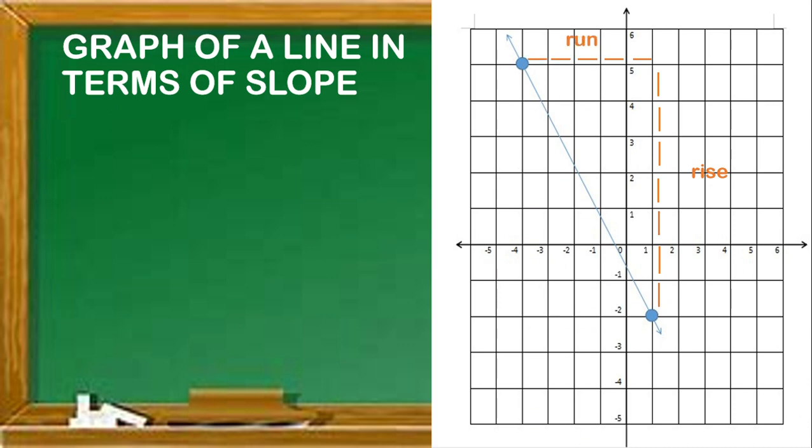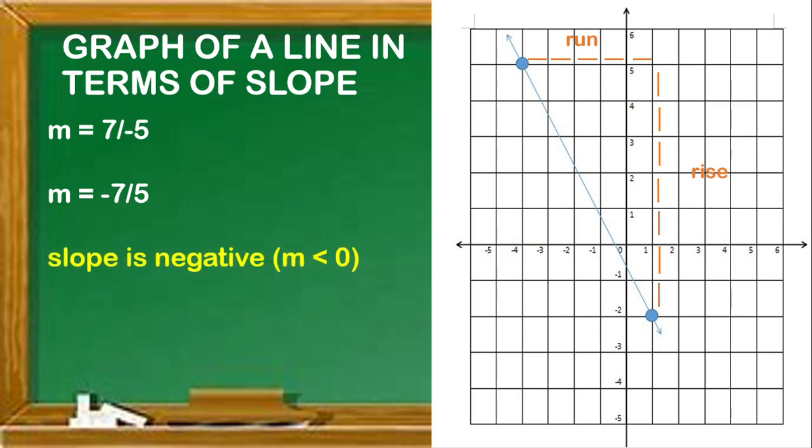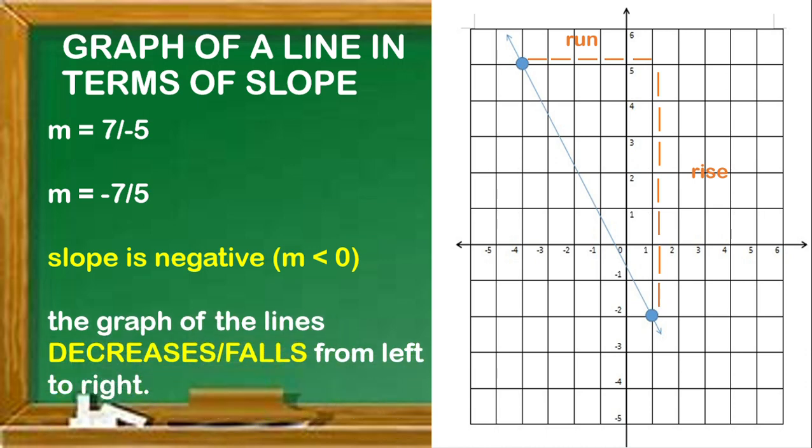So the run is 5. As you can see here, it's negative because it's going to the left. So the slope we have is negative 7 over 5. So the slope is negative. Let's describe the graph. The graph of the line decreases or falls from left to right.